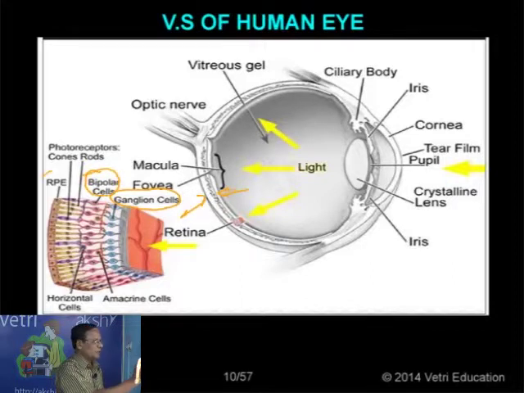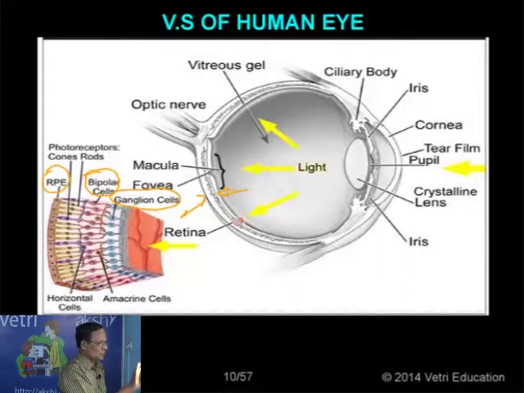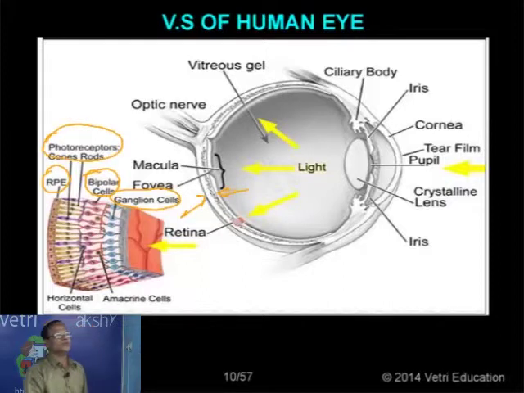The third one is the photoreceptor cells, like rods and cones, followed by the retinal pigmented epithelium. So starting from here outside, the first layer is the ganglion cells.